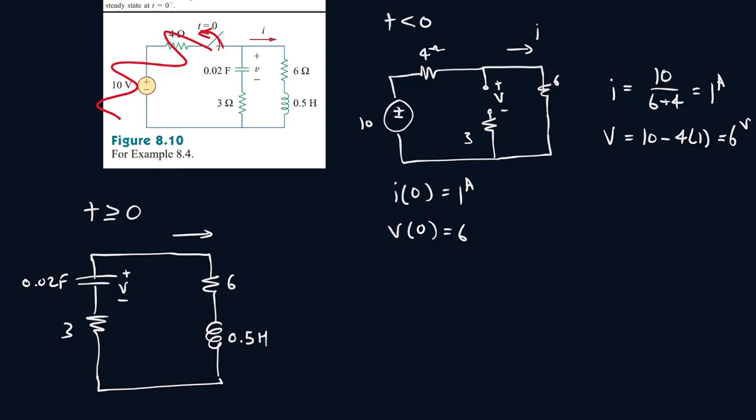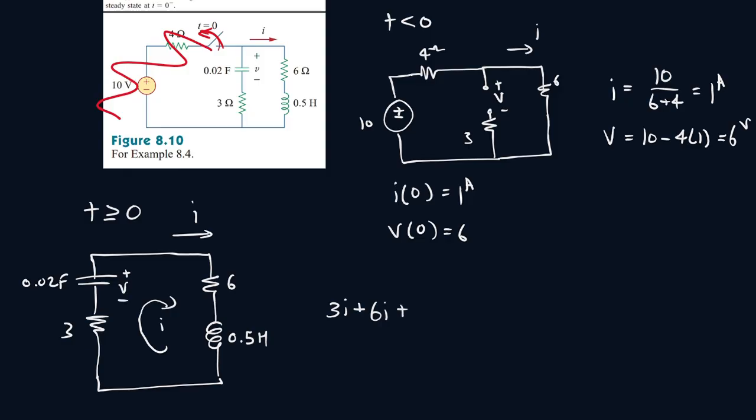So what we're going to actually do is a mesh. Okay, let's call this I. It's in the same direction as this I. So it's going to be 3I plus 6I. So 3I, 6I. I'm just doing the resistors first.